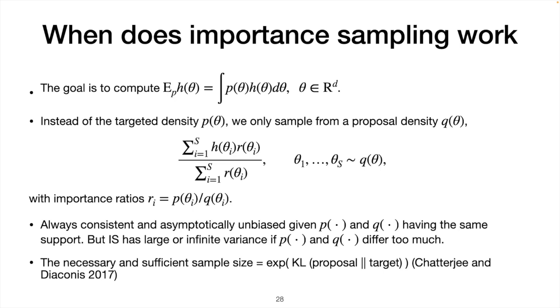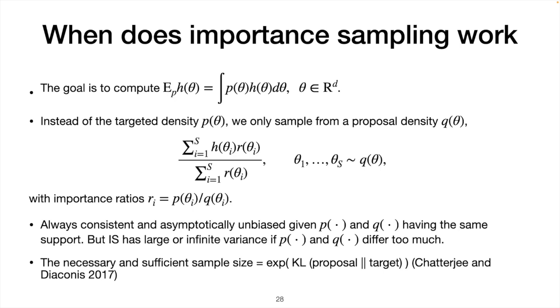But importance sampling can have large or infinite variance if P and Q differ too much. And we can actually quantify the difference using the KL divergence between the proposal and the target distribution.